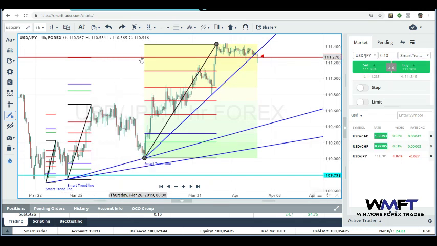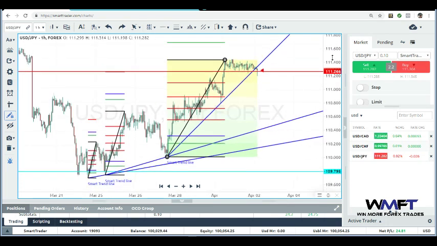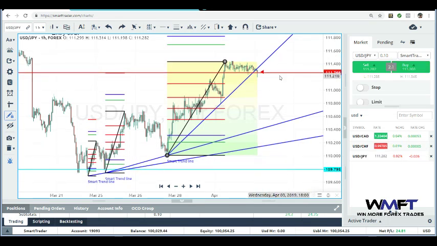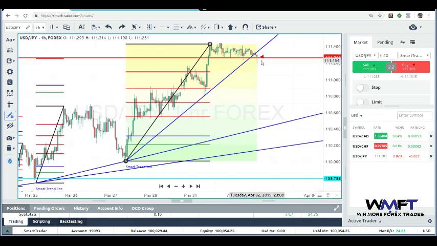We have a 1618 extension that has been hit, and when the market hits a 1618 extension, the market likes to retrace. So with that being said, we have an uptrend that looks like it's being broken at the moment, and the market likes to reverse after hitting the 1618 extension.